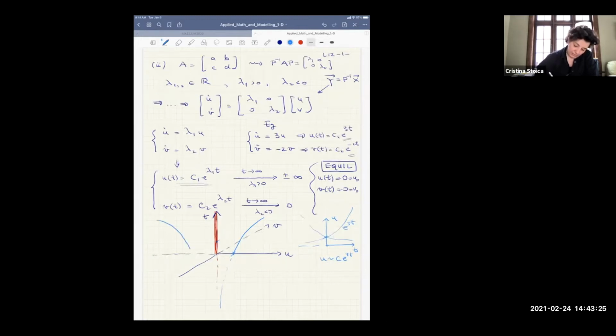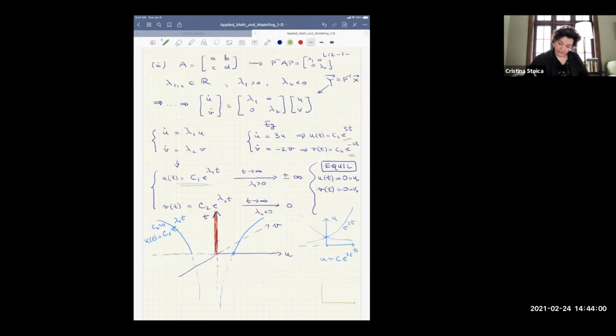These blue curves correspond to the case C2 is 0, and they're curves that represent u of t of the form C1 e at lambda 1 t. Now, if I want to draw curves that have C1 equal to 0, they just stay in the plane VT.